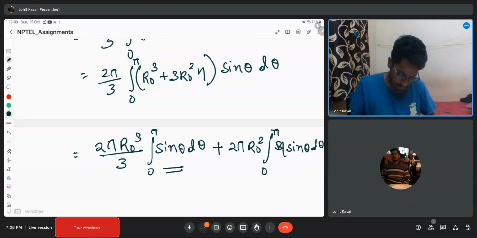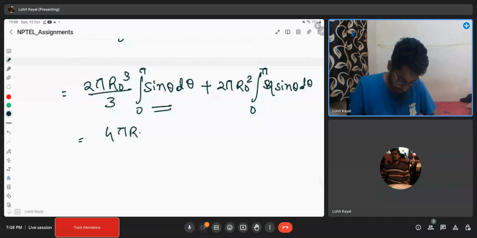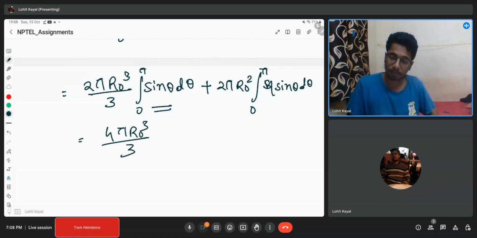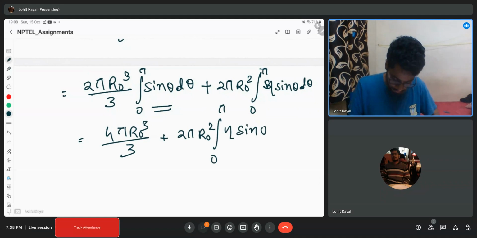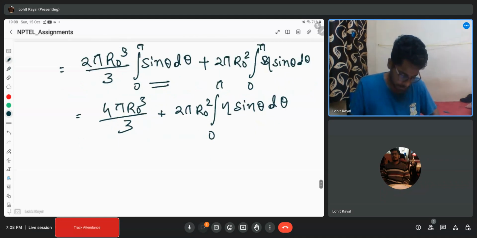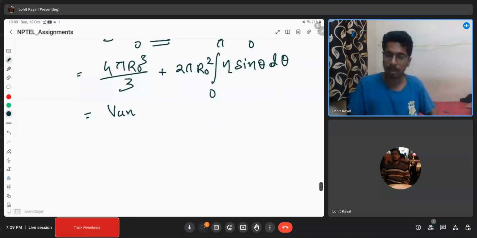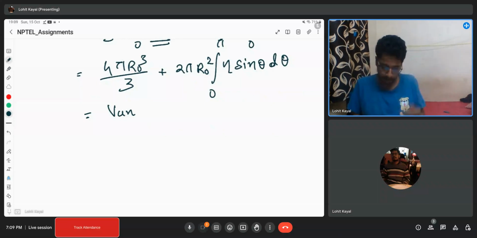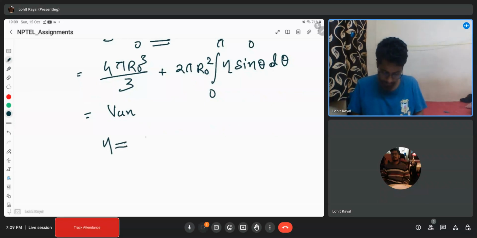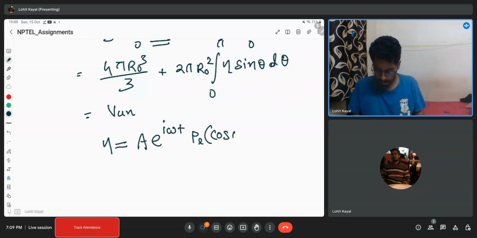Now we have already calculated the first part; it will be 4 pi r naught cubed by 3, that is the volume of the unperturbed sphere, plus 2 pi r naught squared, 0 to pi, eta sine theta d theta. This is the volume of the unperturbed sphere, right? Now remember that each form of eta was something like some constant a times e to the power of i omega t times P_n of cos theta, right?